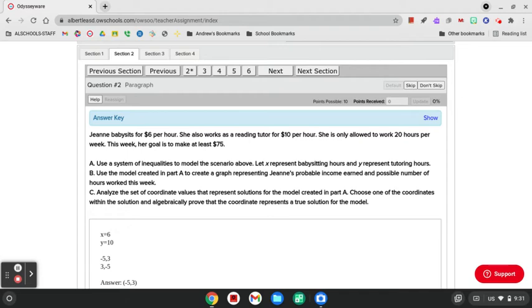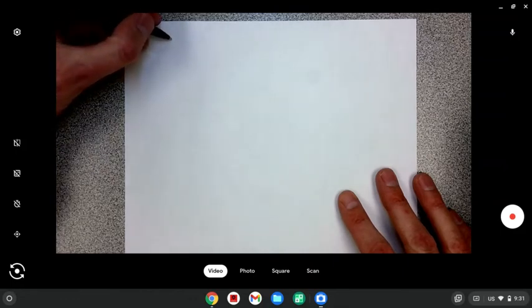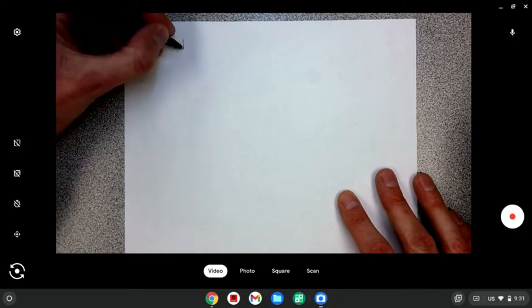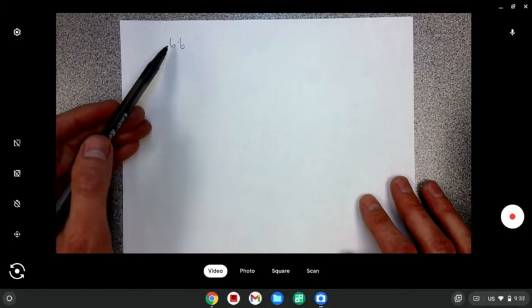Okay, so I'm going to translate the fact that Jean babysits for $6 an hour, and she also is a reading tutor for $10 an hour. I'm going to move over to a document camera here quick. There we go. So I'm going to say that $6 an hour for babysitting is 6 times B. So she gets $6 for every hour of babysitting. 5 hours of babysitting, 5 times 6, $30.